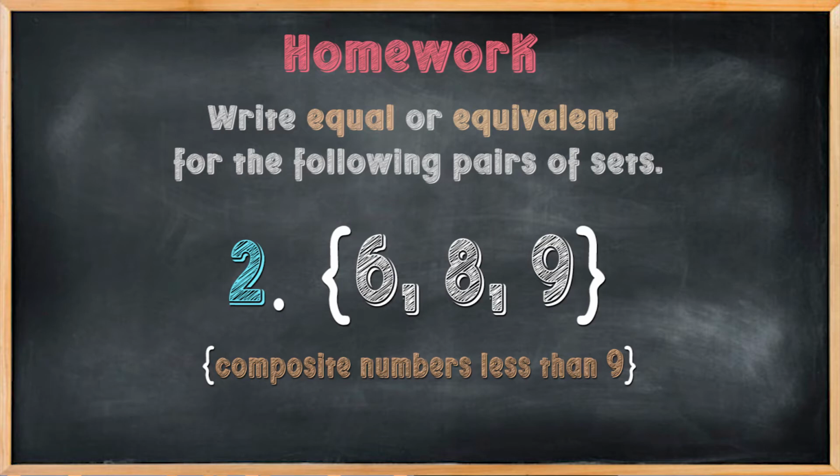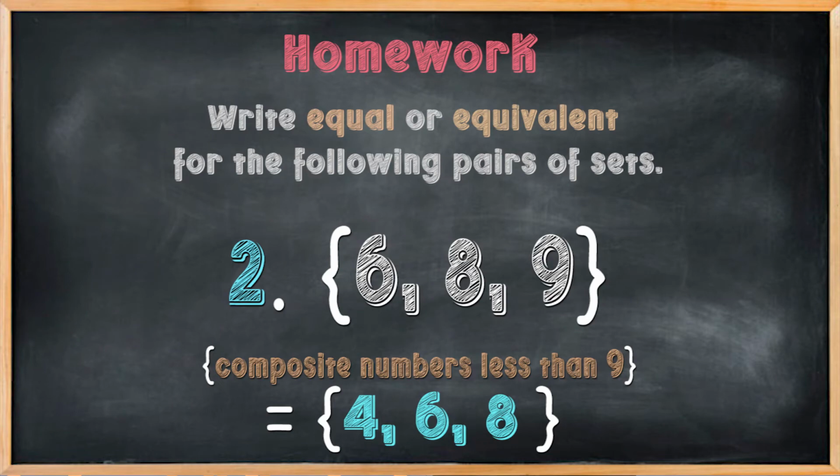Number 2, the first set has the members 6, 8, 9. And the next set says composite numbers less than 9. So what are the composite numbers less than 9? Let's see. Composite numbers have more than 2 factors.